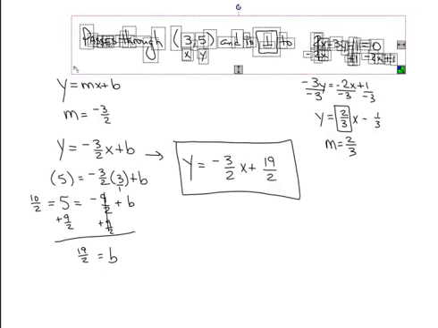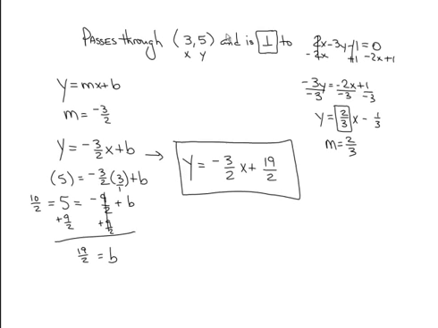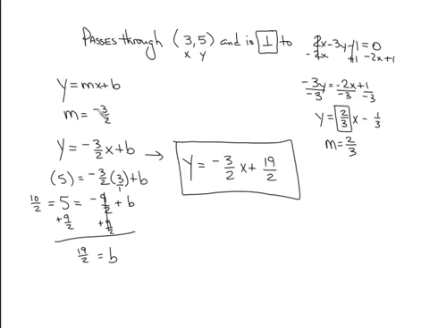Actually, I don't need to copy it. I'm just going to go to a new screen. Okay, so we know that our point is 3, 2. I'm sorry, 3, 5, excuse me. 3, 5. And we know that our slope came out to be negative 3/2. I knew we had a 2 in there somewhere.